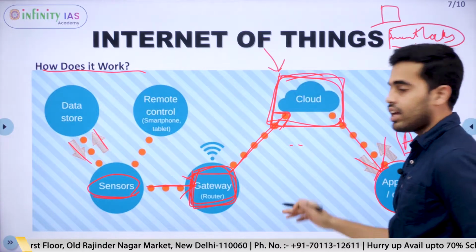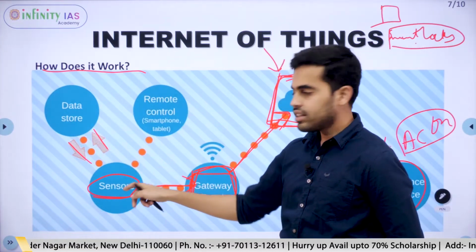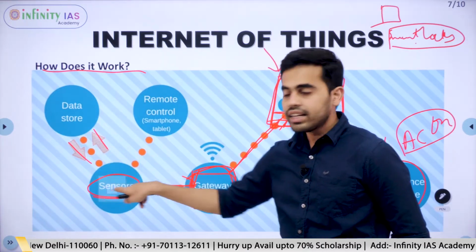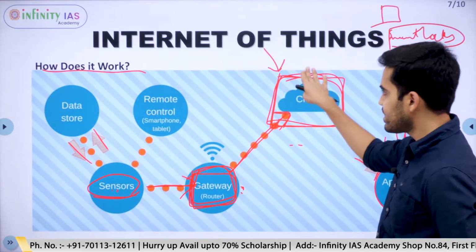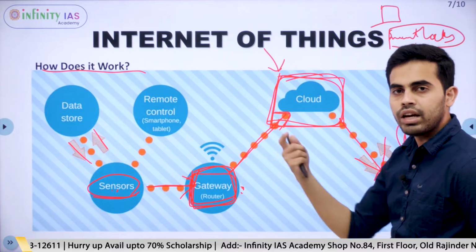So this way, there is no human interaction in this Internet of Things. The sensor in the smart lock will have the data, then it will communicate with the gateway or the router. It will send it to the cloud, and from there the instruction will go to the AC that it should be on.